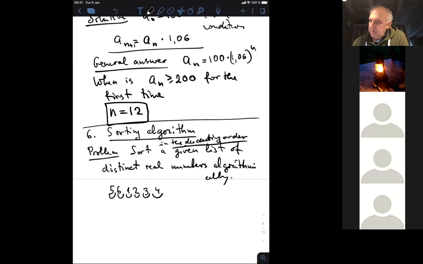So a computer takes two consecutive numbers. So 5 and 6, it starts from the beginning of the list. It looks at two numbers, 5 and 6. And 5 is smaller than 6. So it will swap them around. So after the first step, you'll get 6, 5, 1, 2, 3, 4.